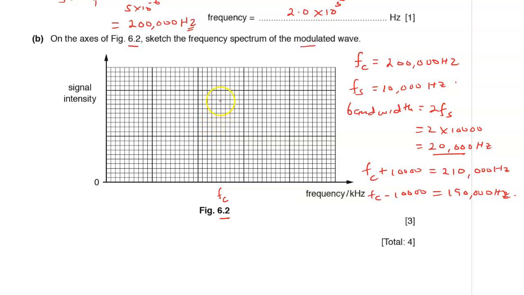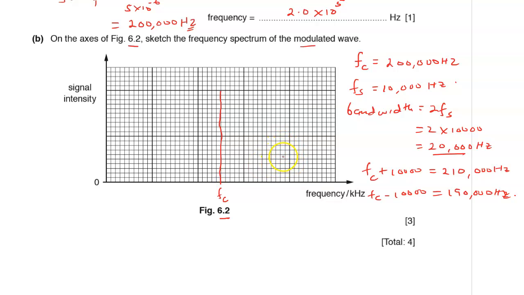It can start from here. Try to draw as straight a line as possible.